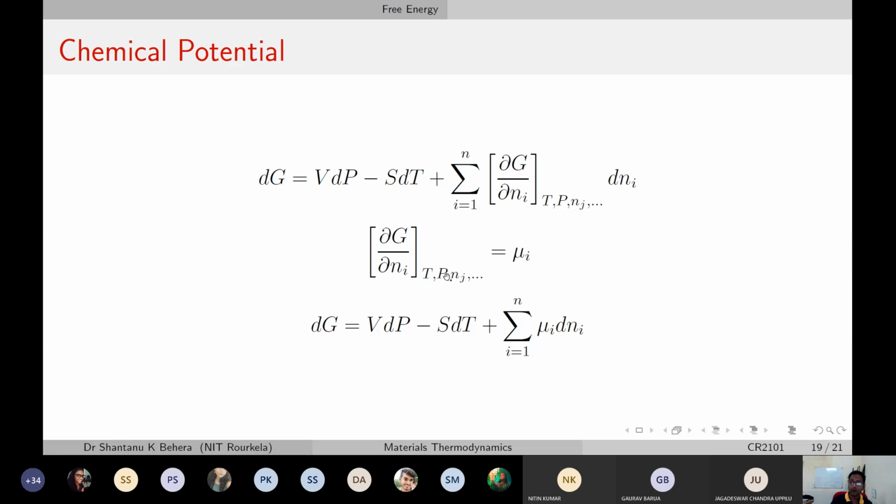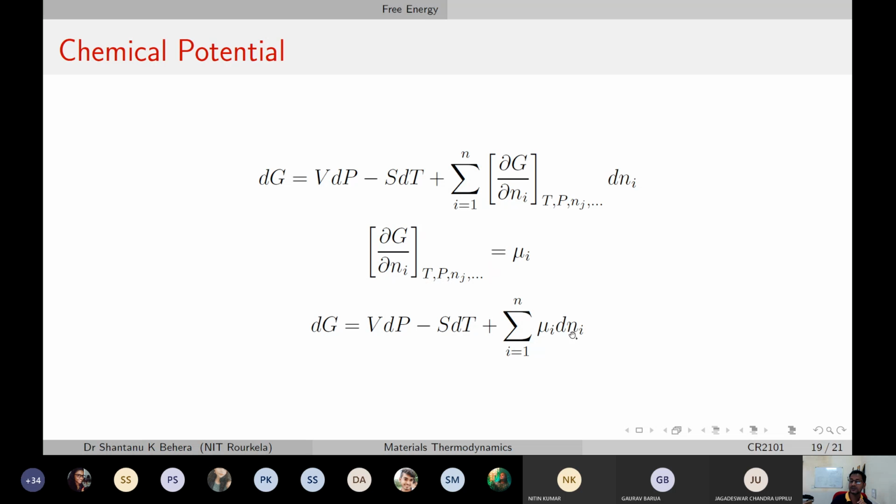Therefore, the open system and its overall free energy change is a combination of VdP minus SdT, from the independent variables, plus the overall changes of each component in the form of mu I dni. That means mu1 dn1 plus mu2 dn2 plus mu3 dn3 and so on.